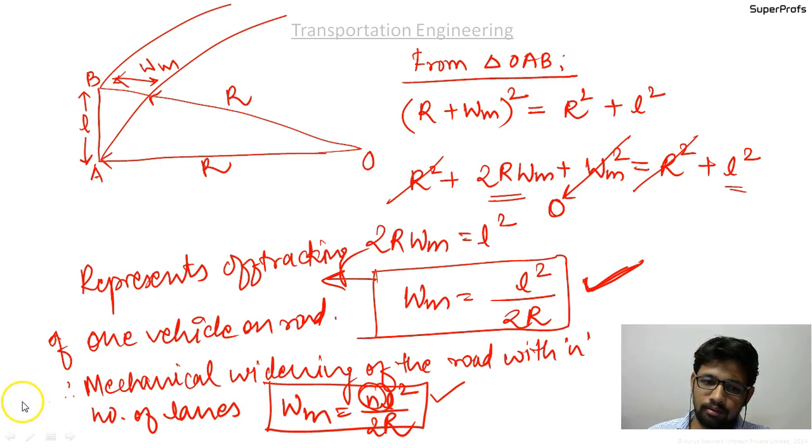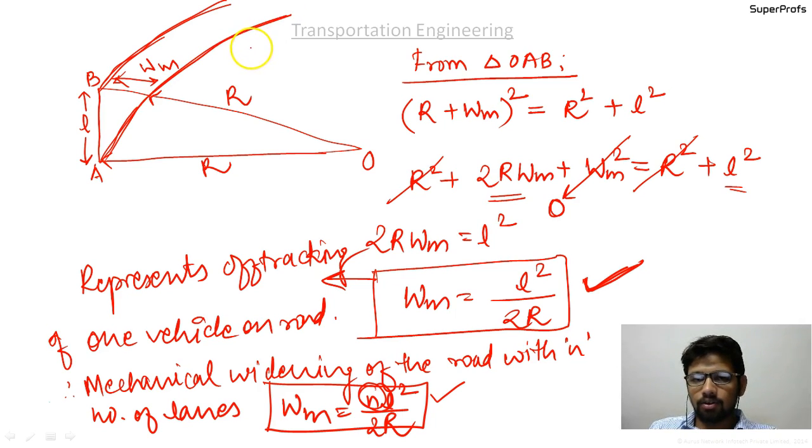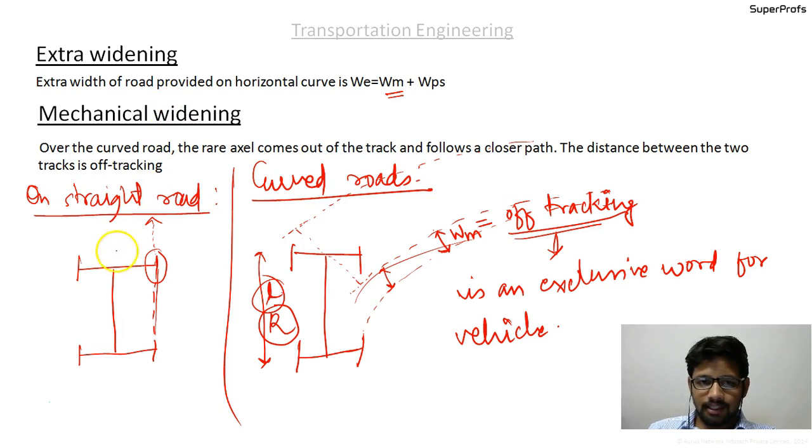Okay, so I hope that you understood from where we have drawn this diagram. This is the front right wheel, and this one is the trajectory taken, the track followed by the rear right wheel. We are drawing the trajectory for these wheels.